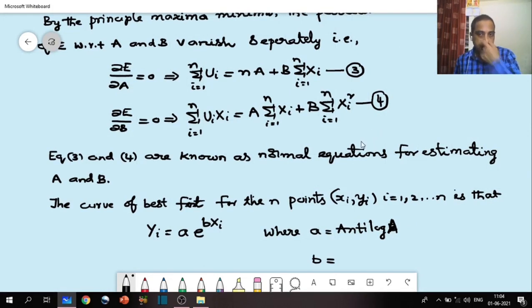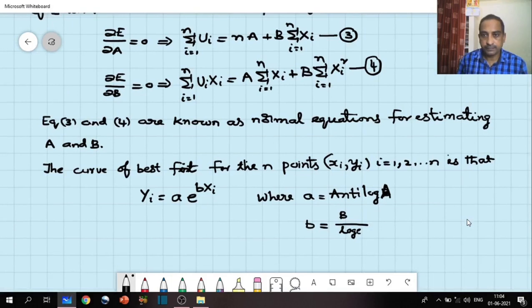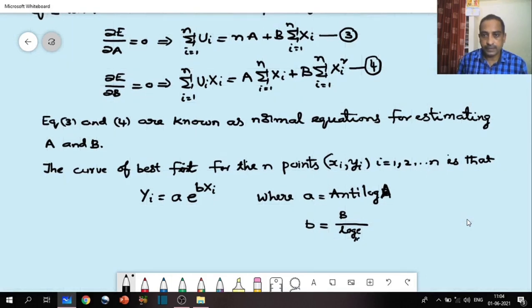If you observe, we have b into log e equals B, right? So that's why we obtain b by dividing B by log e base 10.